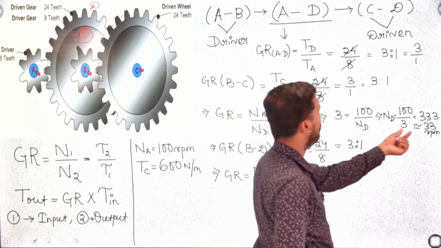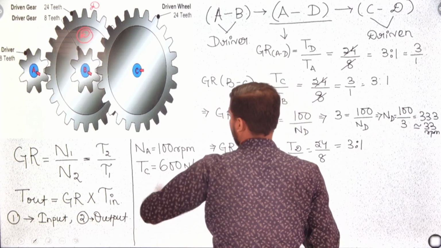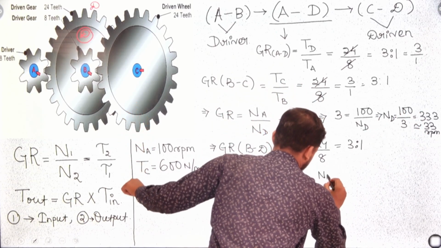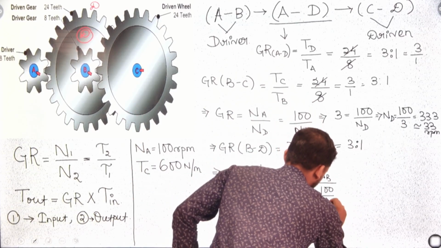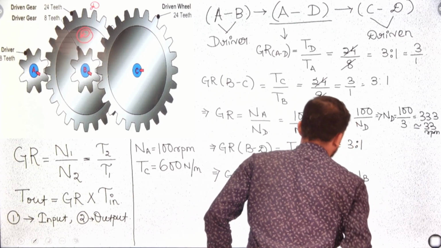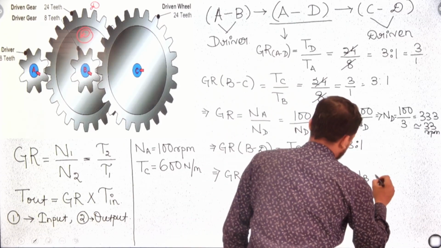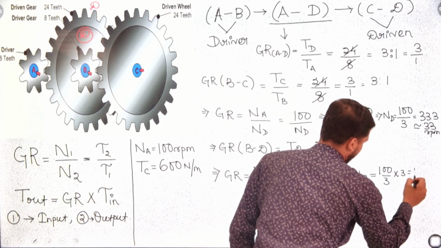ND we already know is 33, or 100 by 3. That means this NB is equal to 100 by 3 into 3, which is equal to 100 RPM.